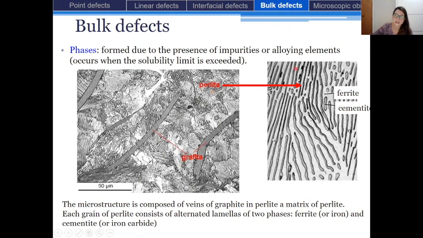We will observe that each of these grains consists of alternate lamellae of two phases. One is ferrite, or iron, and the other one is cementite, or iron carbide, so different compositions. And so it is an example of different phases that are observed and that are bulk defects.